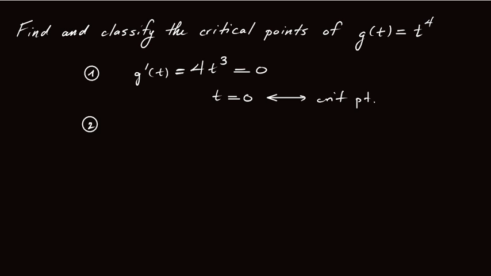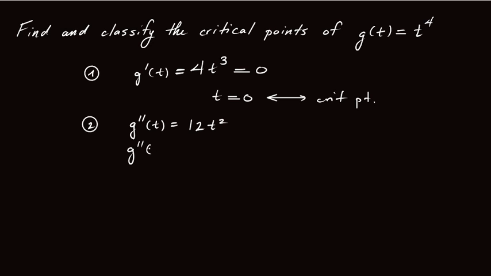And then to check whether it's a local max or min, or maybe neither, I can try the second derivative test. That requires that I take the second derivative, which again by the power rule is going to be 12t squared. Now I want to evaluate that at my critical point, which is t equals 0.